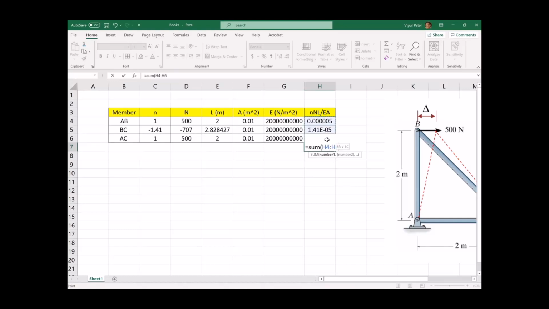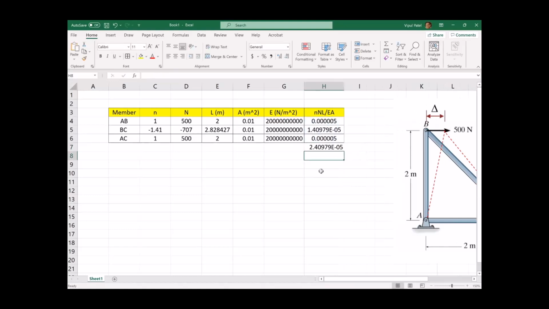I think we just screwed up some of these units. I think we just need to multiply this one by 1000, because you remember that was in millimeters. So 0.024, that's your answer, as you can see there.